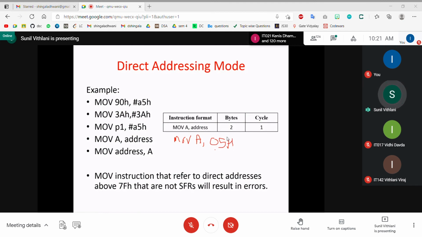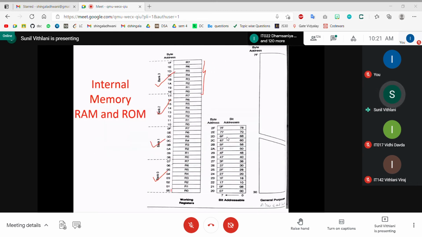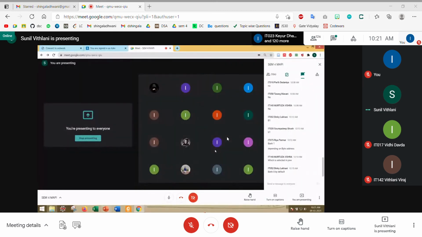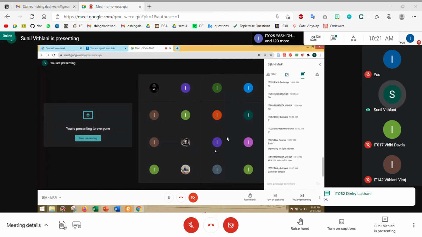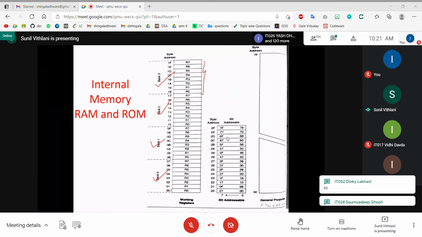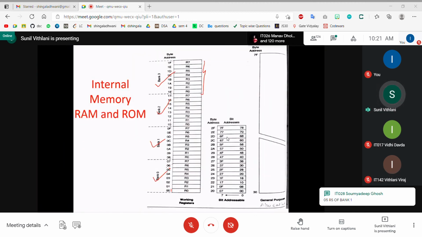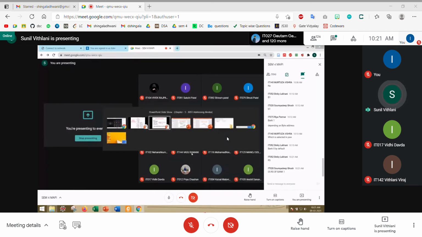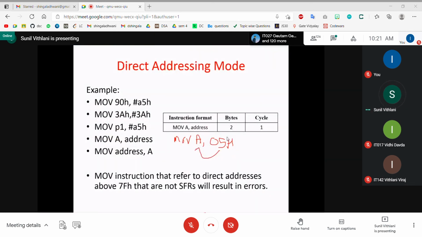So 05 will be the address of which register? 05 होगा वो कौन सा register होगा? Yes, R5. So ये 05 होगा वो कौन सा register का address होगा? R5. So we are transferring data from R5 to A.